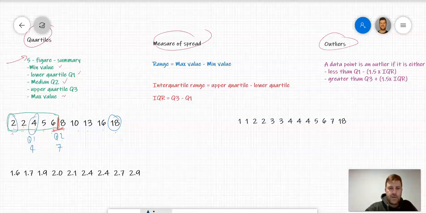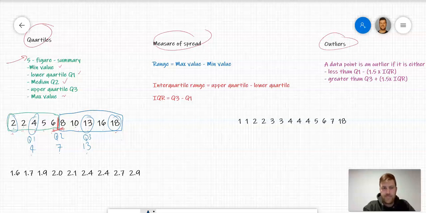Then in my top half of the data, I'm looking at the third number there. So 1, 2, 3, which is 13. So my Q3 value is 13. So there you go, my 5-figure summary: minimum 2, Q1 4, Q2 7, Q3 13, and maximum 18. So that's how you work out a 5-figure summary for an even set of data.